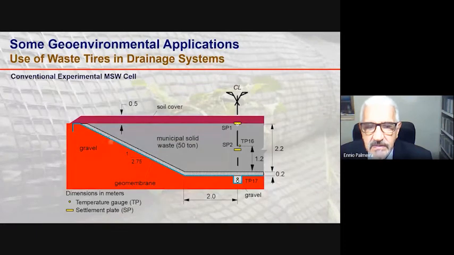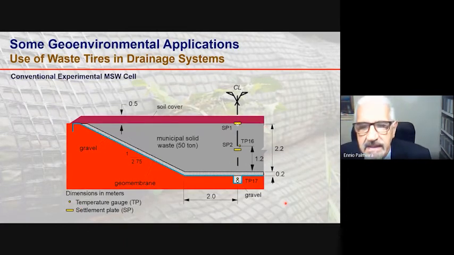You see here a geomembrane and the gravel layer, with 50 tons of municipal solid waste. The cells were instrumented with temperature gauges and also settlement plates inside the waste mass.